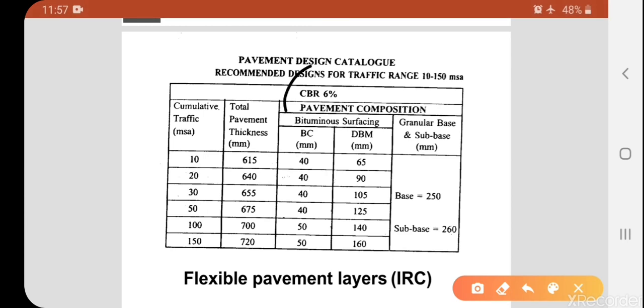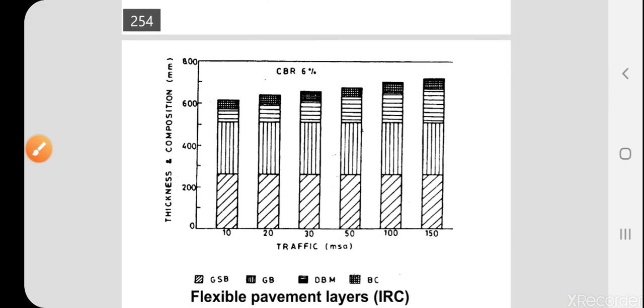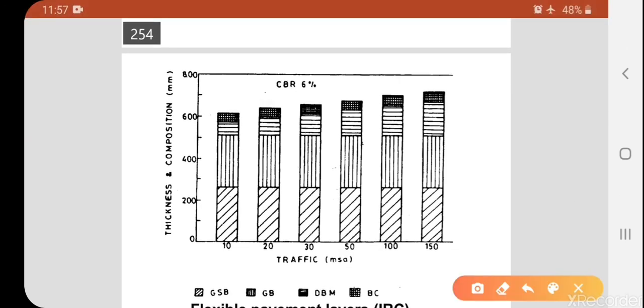So for CBR value 6%, traffic of 10, 20, 30, 50, 100, 150, the total pavement thickness will be 615, 640, continuously increasing. For BC, bitumen 10 mm, WBM, water bound macadam, granular base, there will be different size categories. So as done previously, we should divide into different categories: 1, 2, 3, 4.